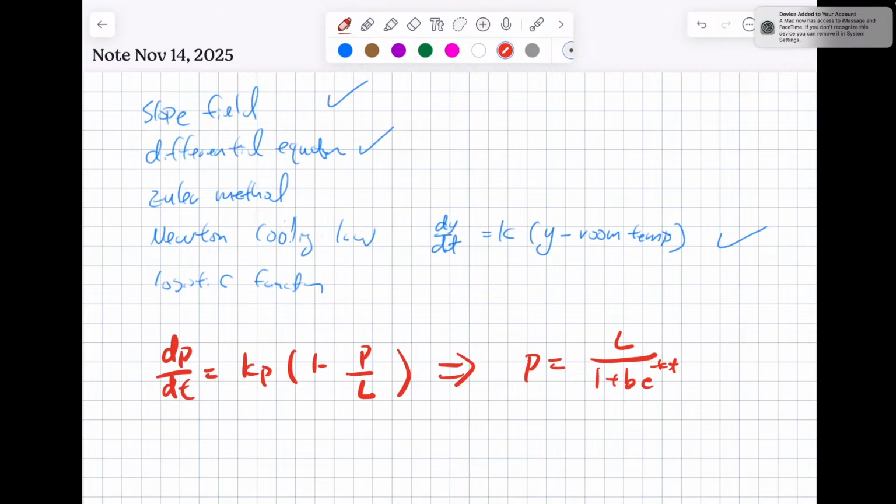Differential equation basically just do initial conditions, plug in, and find out the C. Euler's method, yes. For logistic, B is a constant. You have to know the initial capacity in the system and the rate of change.